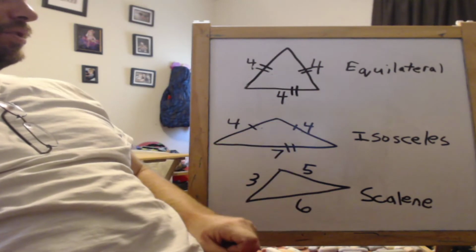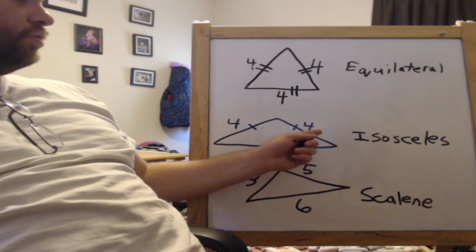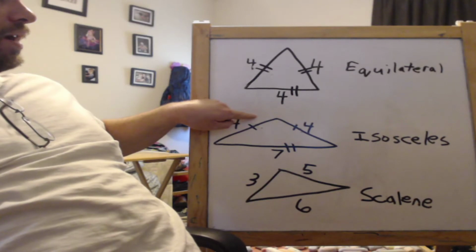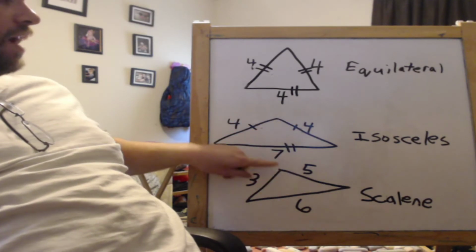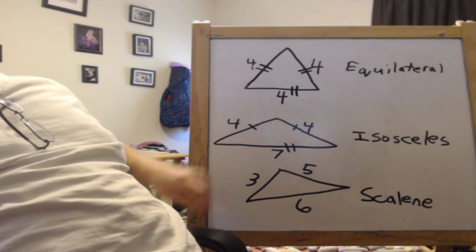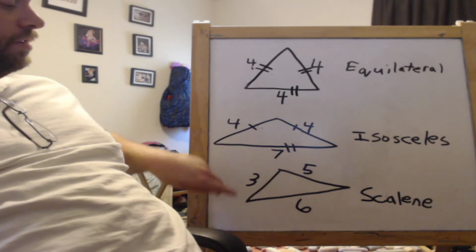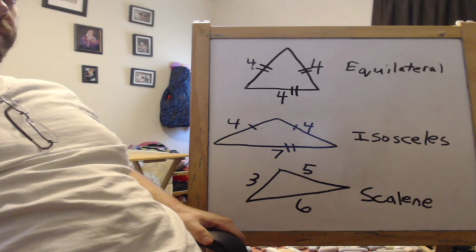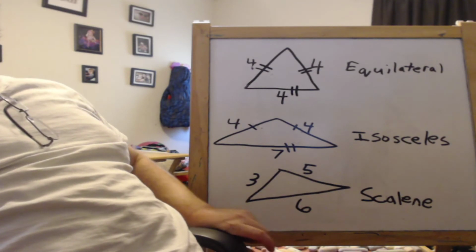An isosceles triangle has 2 sides that are the same length, okay? These ones are both 4, and then 1 side that's not. Okay? And then a scalene triangle has 3 sides that are all different lengths. Okay?